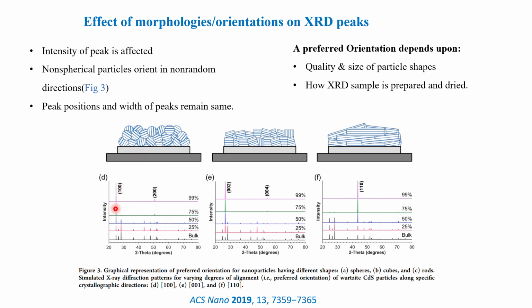So that's why we can easily get the intense peak of that family of planes, and the rest of the planes are less intense as compared to 100. The same happens for the non-cube surface, where they are oriented in the 022 or 00K family of planes. So these peaks look intense as compared to the other family of plane peaks.